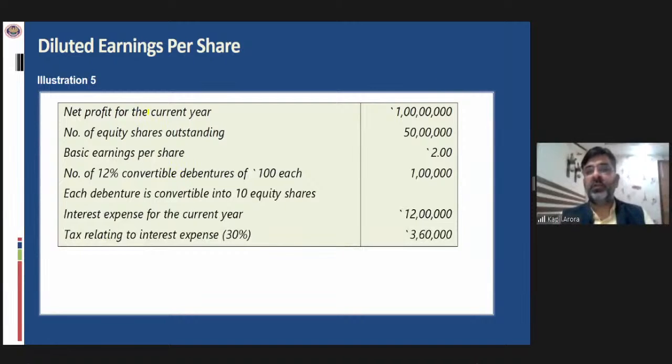So the net profit of the company is mentioned here as 1 crore. Number of shares outstanding is 50 lakh. What is share option? Share option means the company has given options to the existing shareholders, nothing but a right, that you can buy the share at this price.